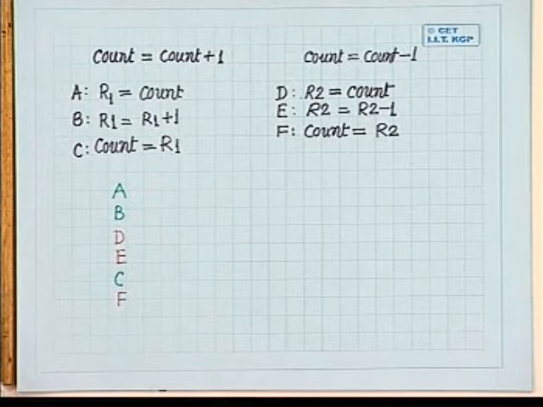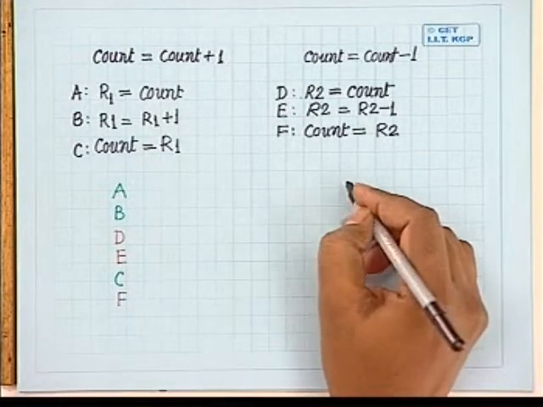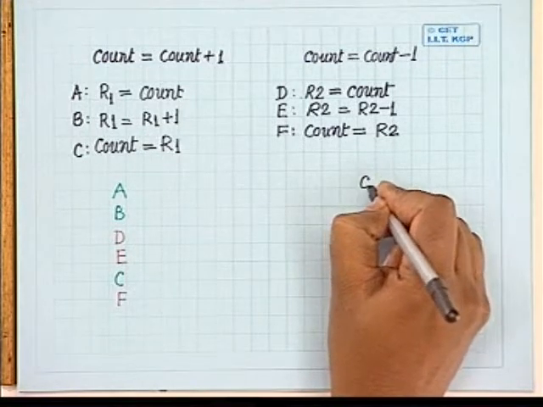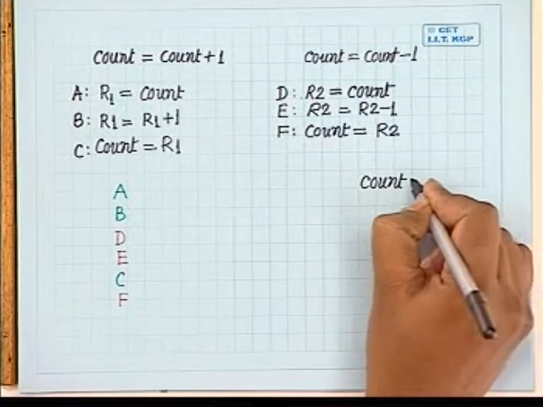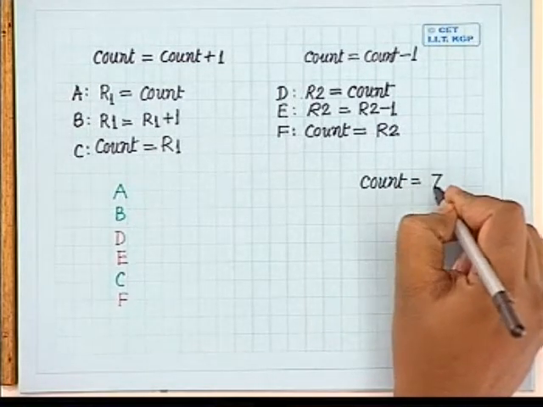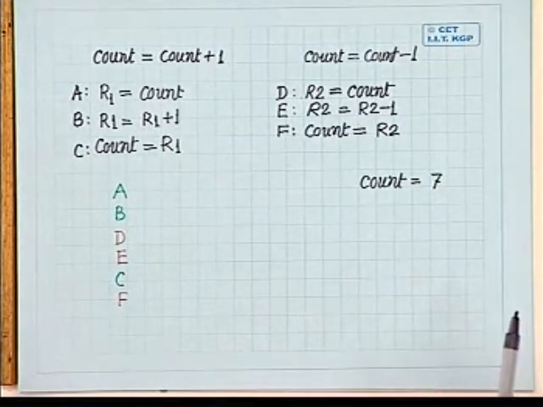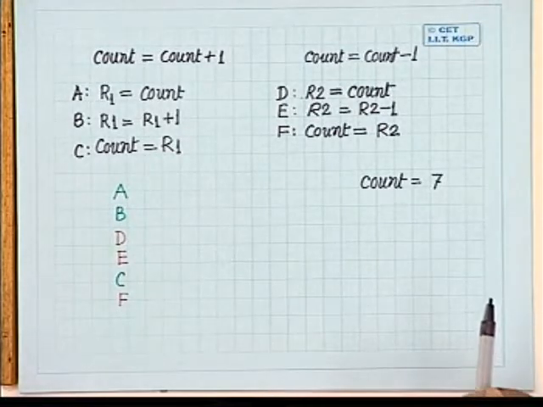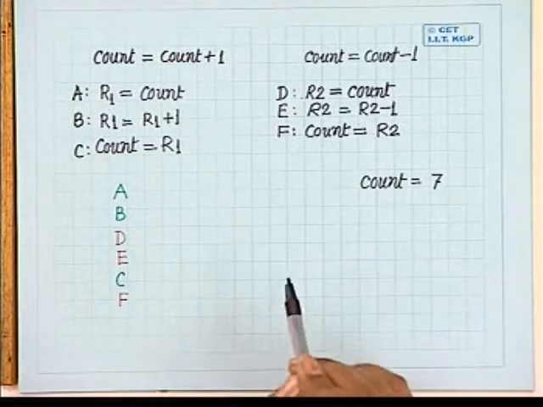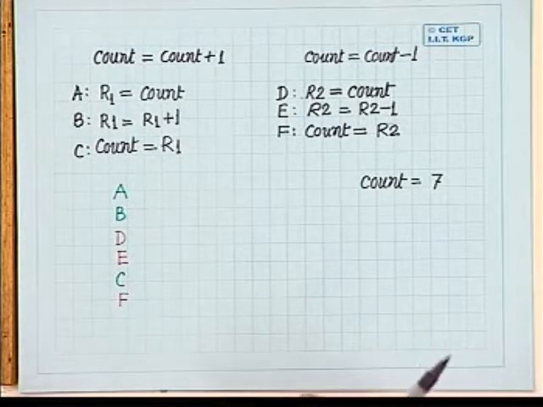The problem may be that at any time instant, let us assume that the value of count was any value, let us say 7. That means at this particular instant of time, there are 7 items present in the buffer. Now in this situation, let the producer process produce one item and put it into the buffer. The consumer process also consumes an item from the buffer.